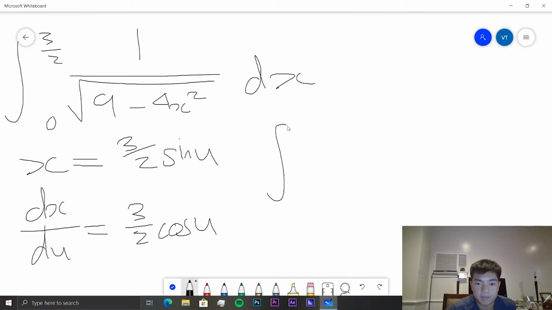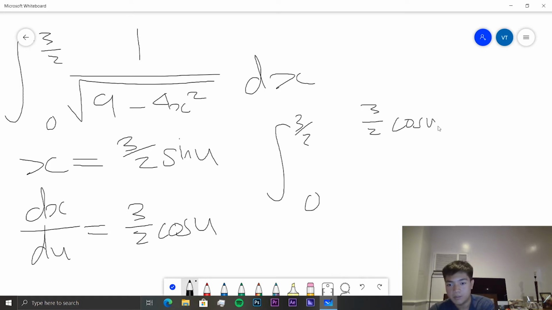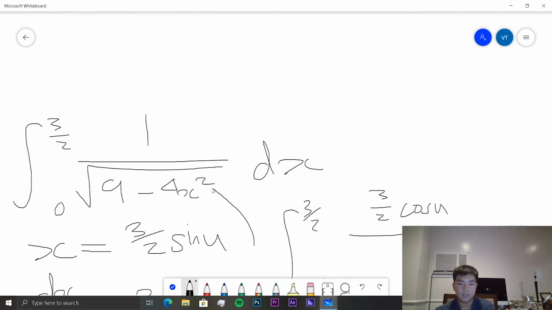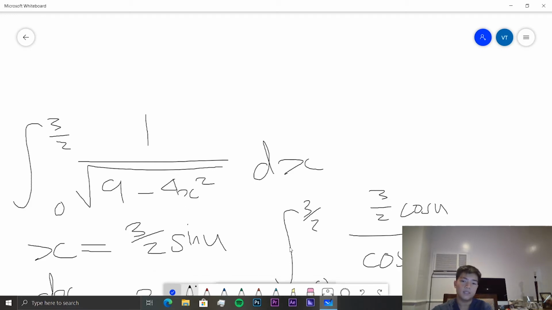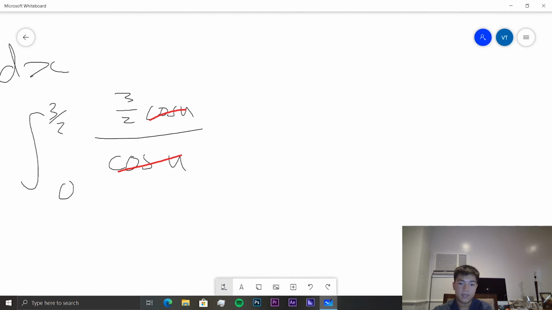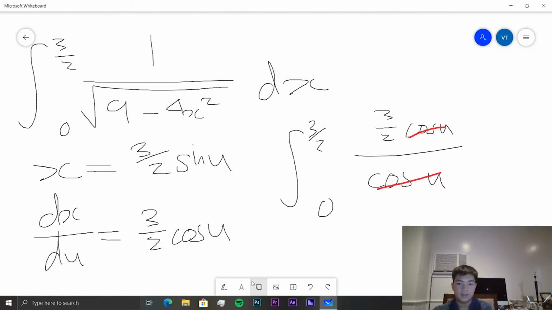So we get 3 halves and 0 of 3 halves cosine u over the square root of 9 minus 9 sine squared u. So this is equal to cosine u. Since we have cosine u in the bottom and top, we can cross these out. So we simply end up with, oh, we have not converted the bounds. Oops.